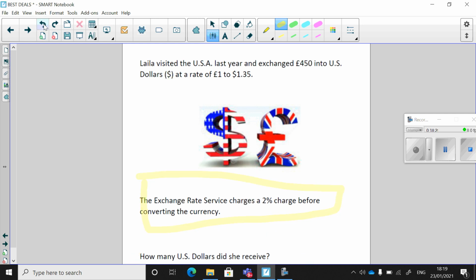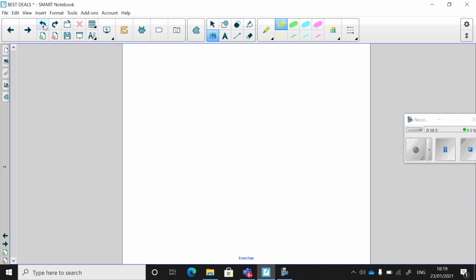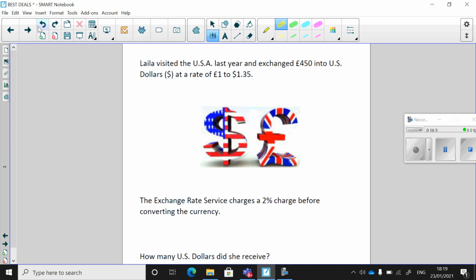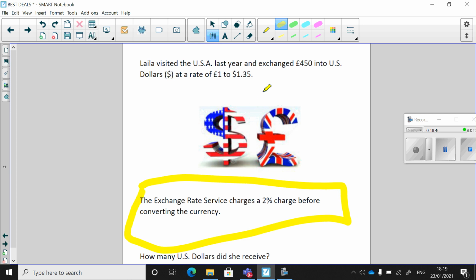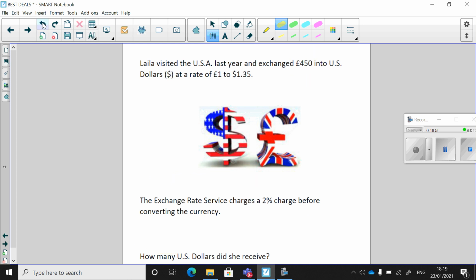Okay. Right. So what I'm going to do first here is deal with this 2% charge of the 450, because they're saying that's before we exchange the currency.